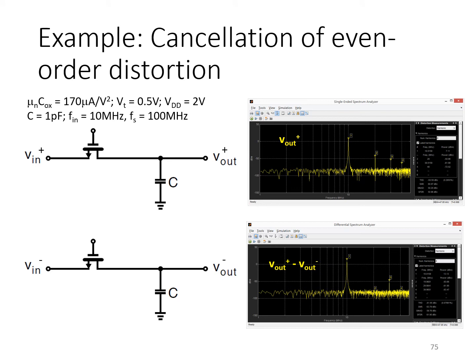Here's a relatively simple example showing cancellation of even order distortion in a fully differential circuit. We've got a fully differential input applied to a pair of track and hold circuits formed by a simple MOS switch and a capacitor C. Then these are simulation results with real transistor parameters, such as the ones shown here.